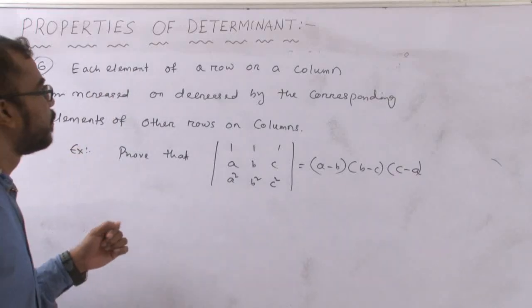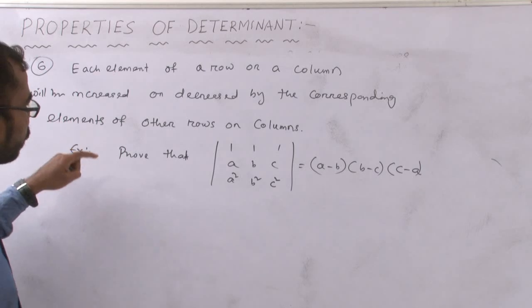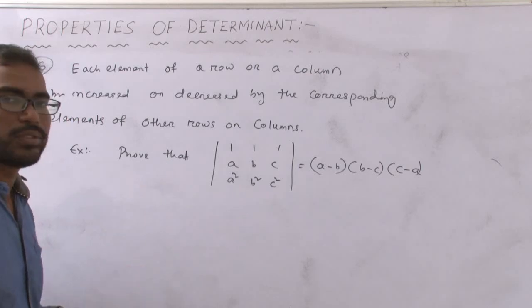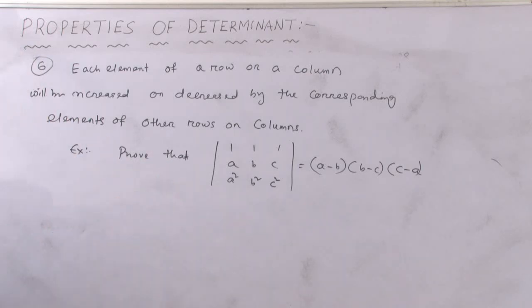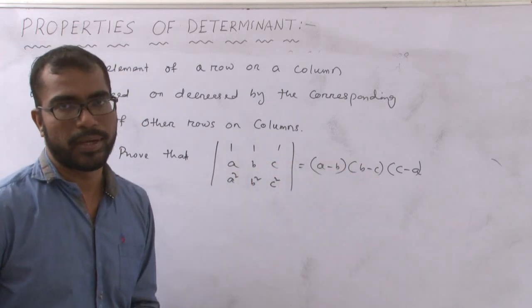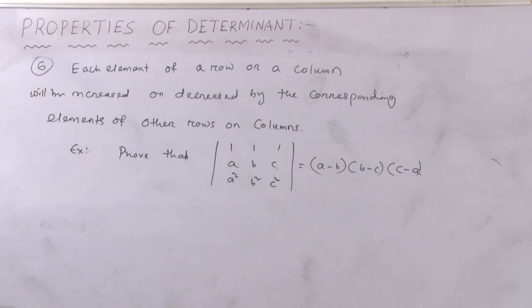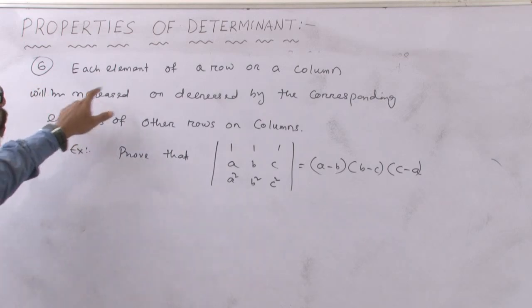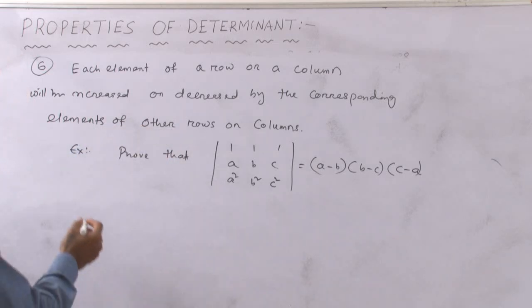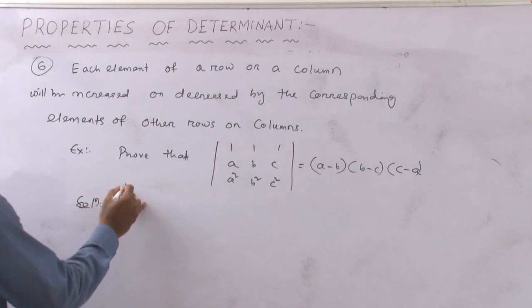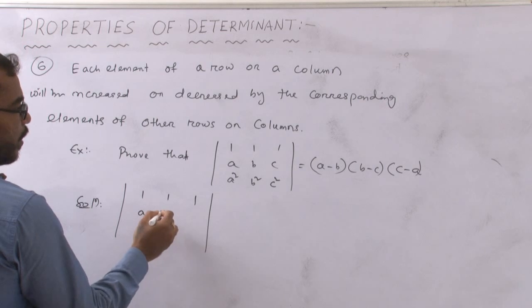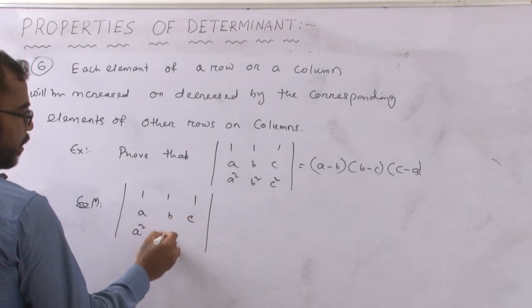It is an important property, and it contains 6 mark long question category questions. So how to prove this determinant will be (a minus b)(b minus c)(c minus a)? According to property 6, here we can increase or decrease by the corresponding elements of other rows or columns. So here we get the solution. First we take the LHS part, that is the determinant of third order, 1, 1, 1; a, b, c.